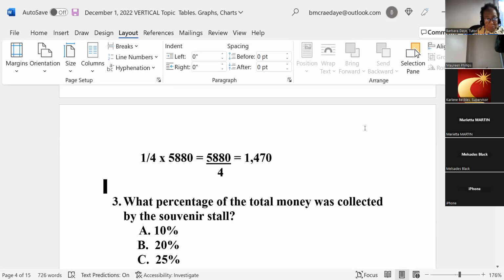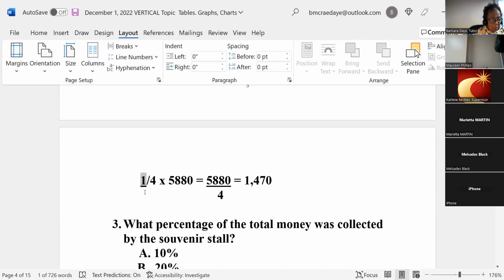So what should I do in the calculator then, miss? How should I set it? No, 1/4 times 5,880 is 5,880 divided by 4. What am I doing wrong here? Let me put the 4 here. I think the slash might be giving you a problem.